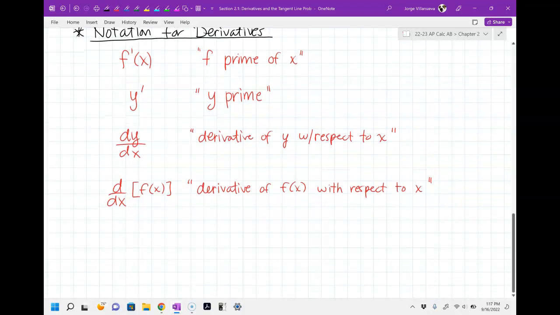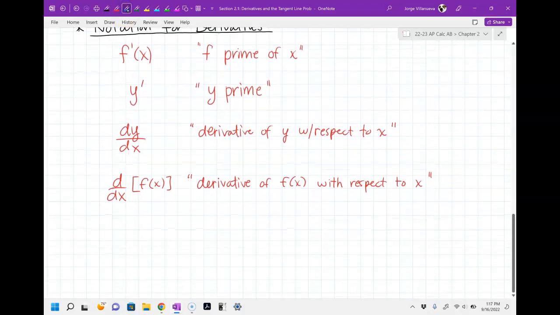And then the one that you should never use, unless your teacher in college tells you you must. I'm even going to change the color because I really don't want you to use it. It's that one right there. That means the same thing as the one above. The derivative of y, actually, the second one above. So derivative of y with respect to x.